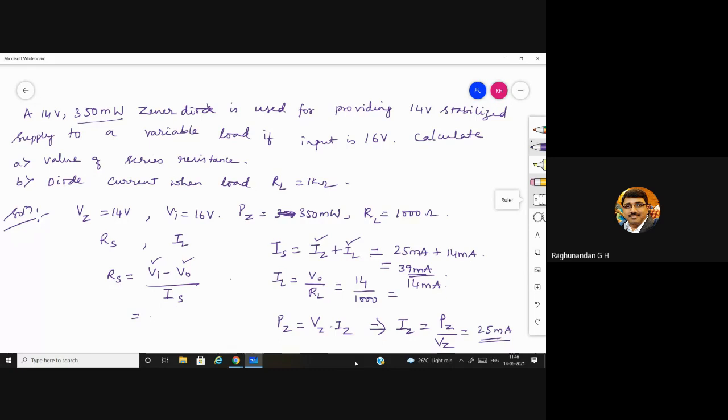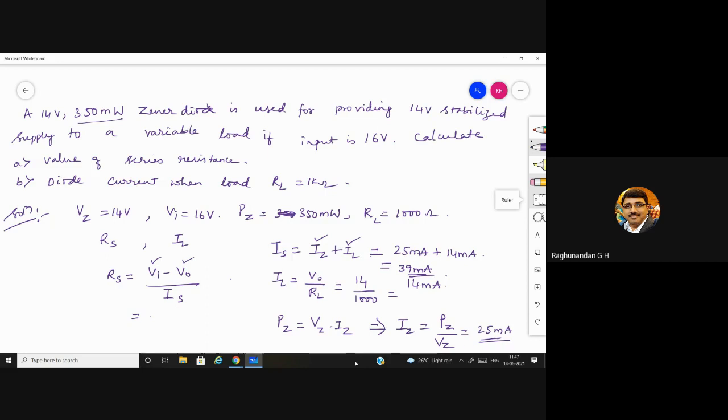But one thing before, in this problem, one understanding you should know. See here, IZ we have got as 25 milliamps. If suppose we are going to remove the load resistance suddenly, then automatically the entire current will be flowing through the Zener diode.